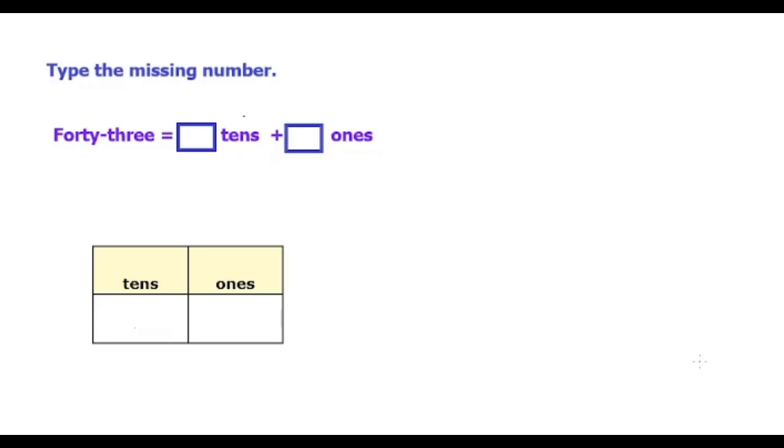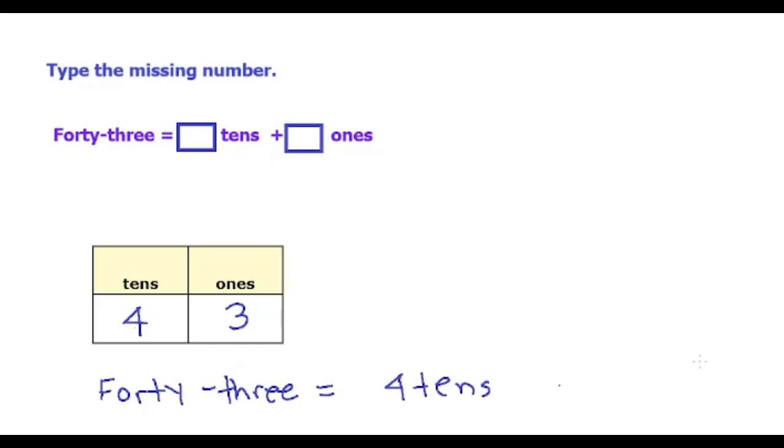So we know that 43 has 4 tens and then 3 ones. So we know 43 equals 4 tens plus 3 ones.